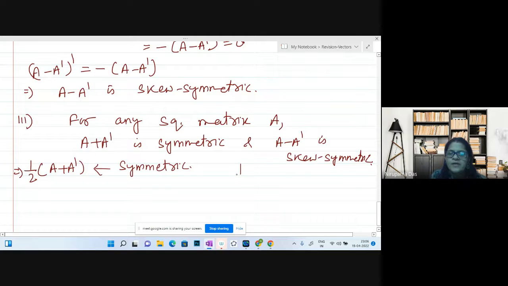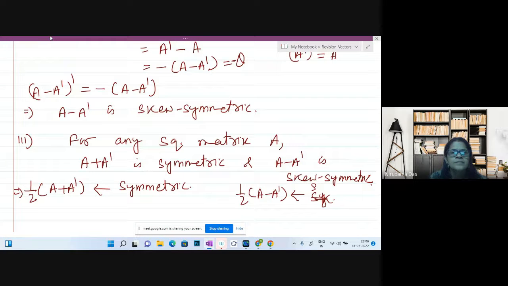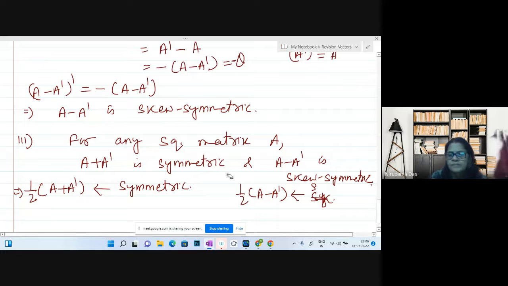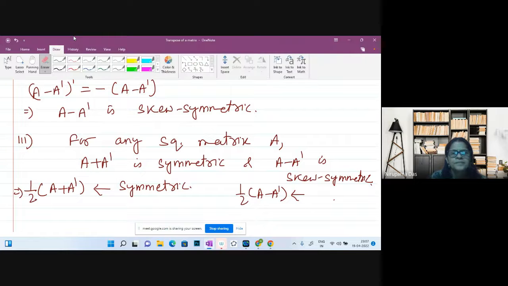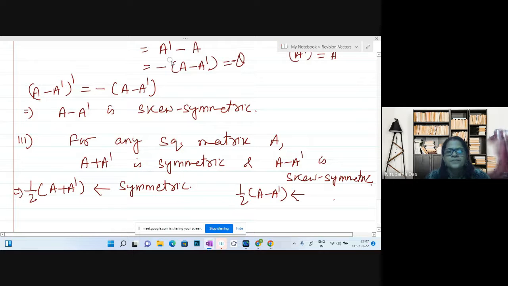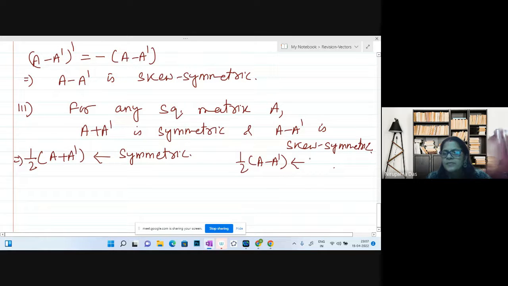Similarly, if I write here half of A minus A transpose, it will be skew-symmetric, because the properties remain intact.